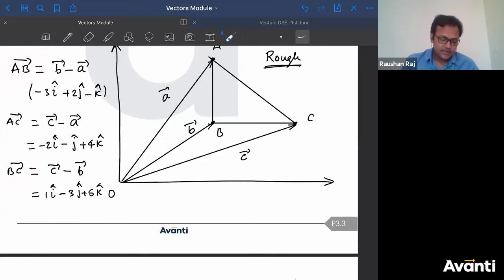If we get in the first attempt that AB dot AC is 0, then they are perpendicular to each other. Or if AC dot BC is 0, then AC and BC are perpendicular to each other. Then again I'll say this is a right angle triangle. Got it, guys?